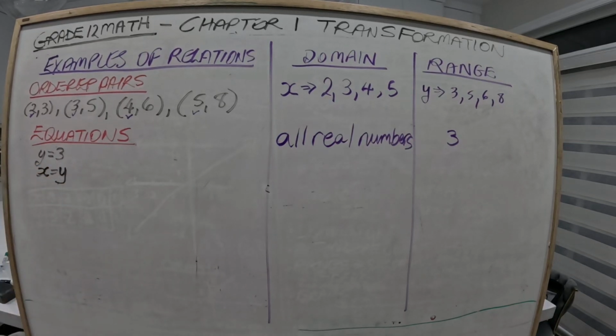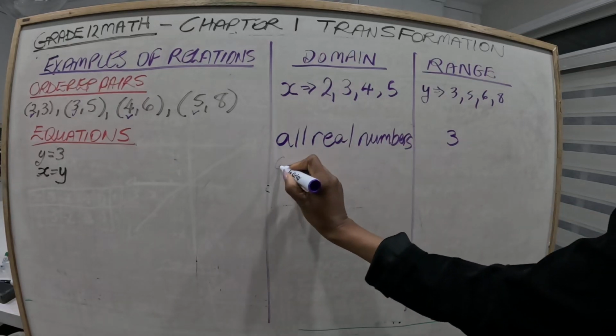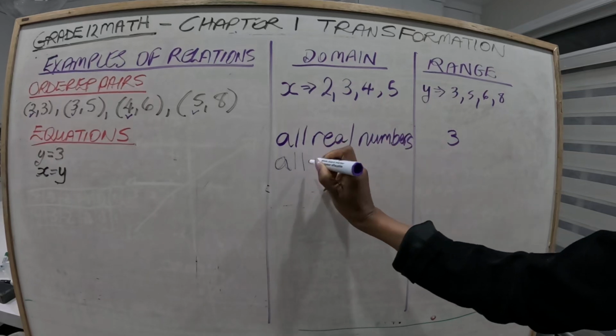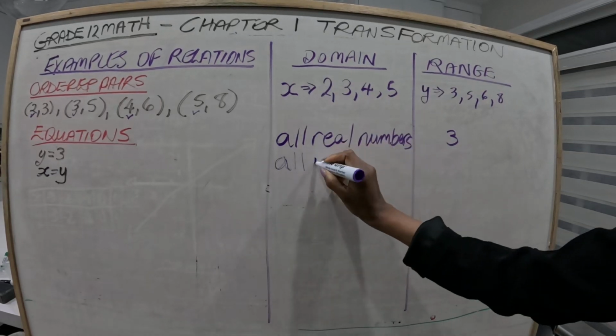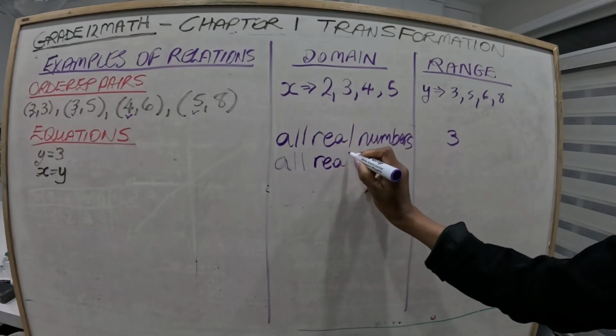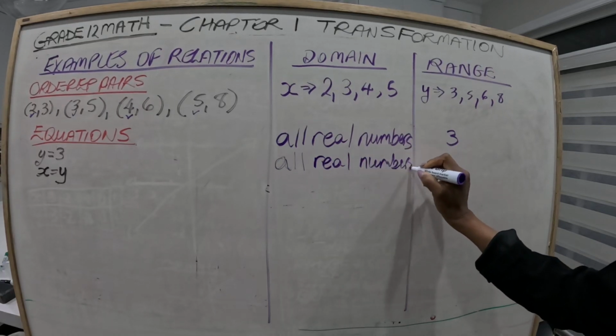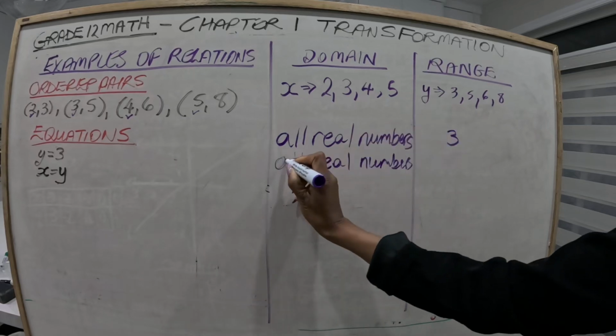So what is the domain? The domain in this case is very similar to y equals 3. It's the same, all real numbers. That means no matter what number you use for x, you're always going to have y as the answer. And guess what the range will be?